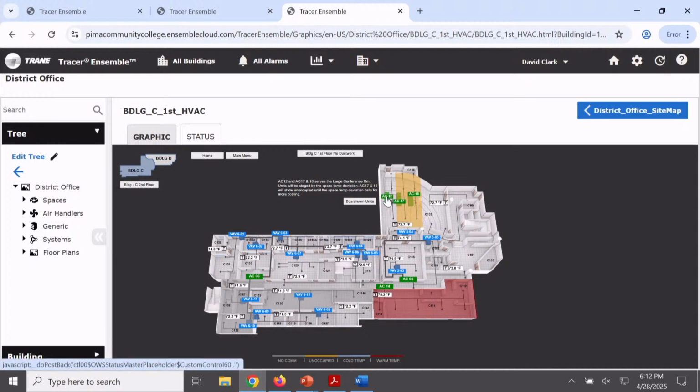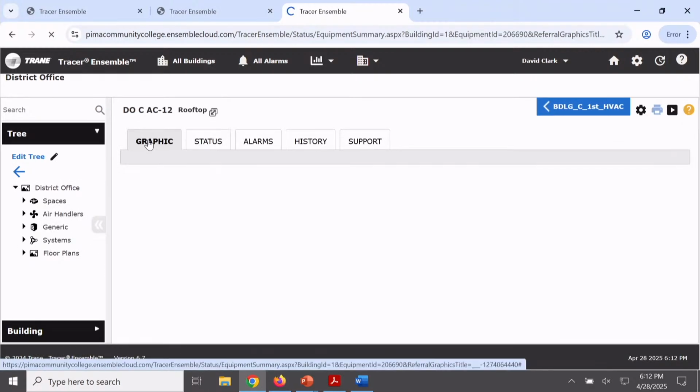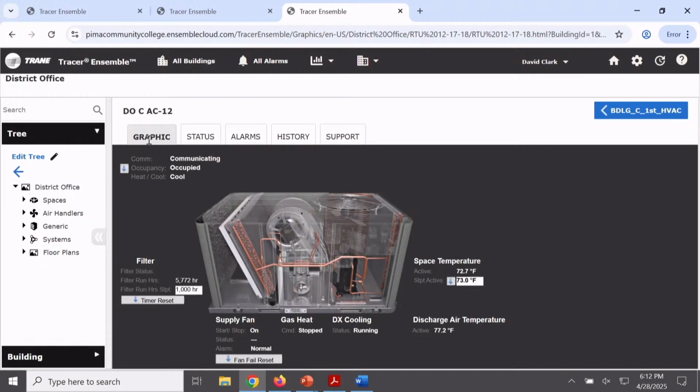These are all programmed to work sequentially. Let's bring up unit 12 because that's the one that's running. And there it is. We've got a discharge air temperature of 77 degrees, which means that we're actually satisfied and it's not in a cooling mode right now.